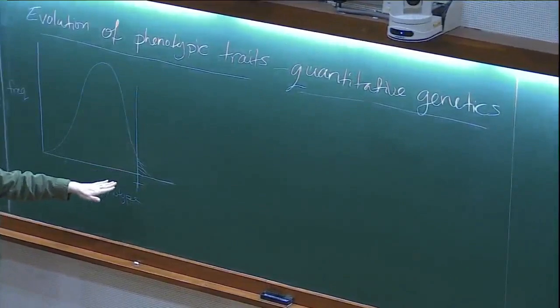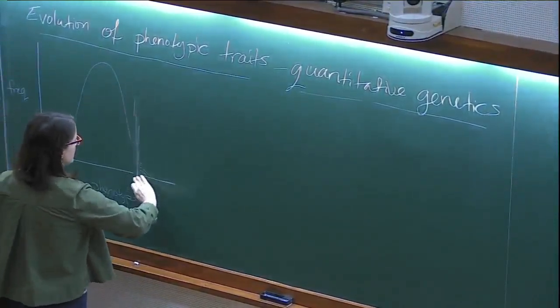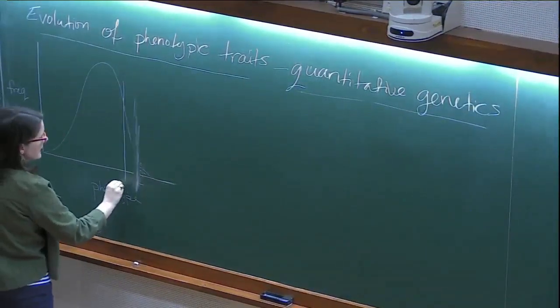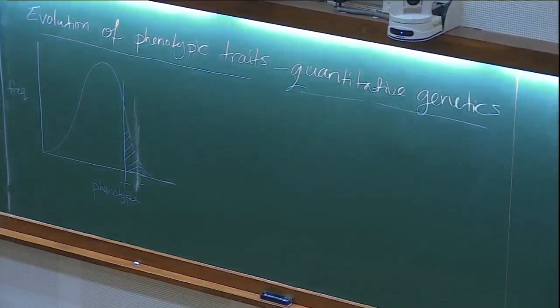Now, I've drawn this very strong selection, but it doesn't have to be. It could be something like that. Truncation selection is the simplest thing to think about. Nothing that I'm going to talk about today depends on it being truncation selection. It's just the easiest thing to go through.